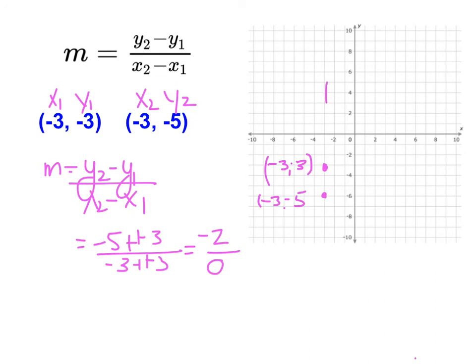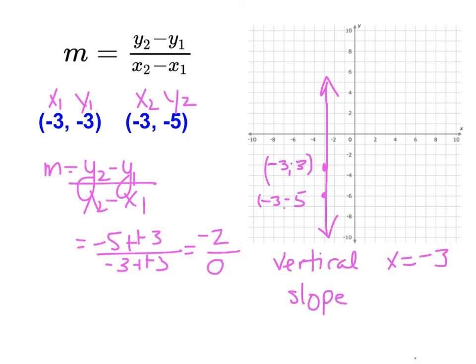And I'm going to draw a line between those 2 points. And now in this case, I have a vertical line. And because it's vertical, my equation of the line is x is equal to negative 3. And the slope for this one is called undefined.